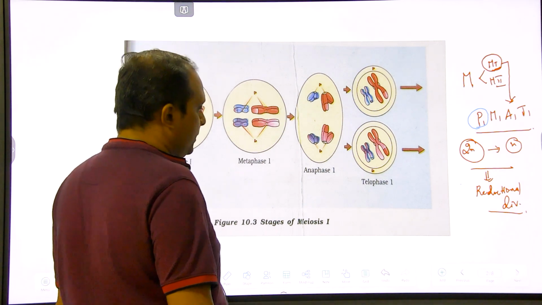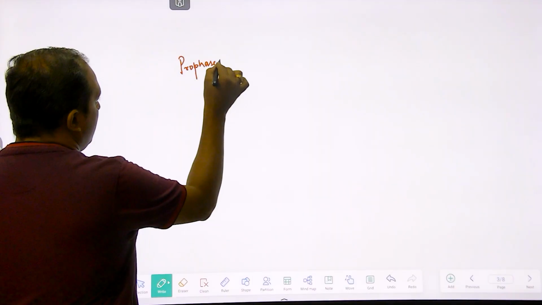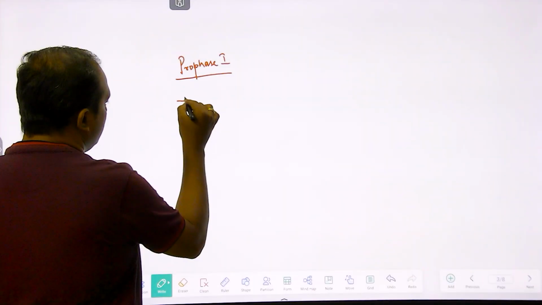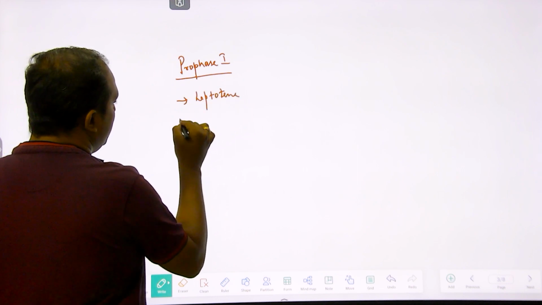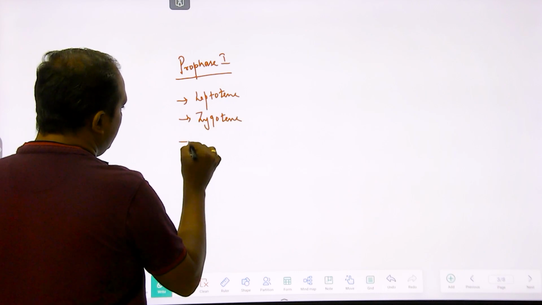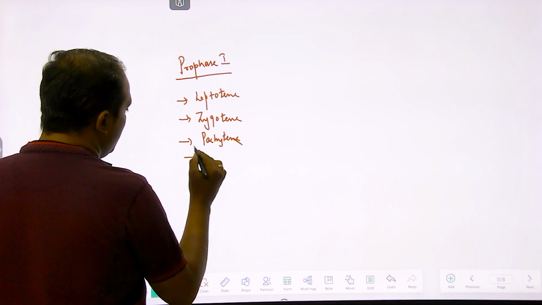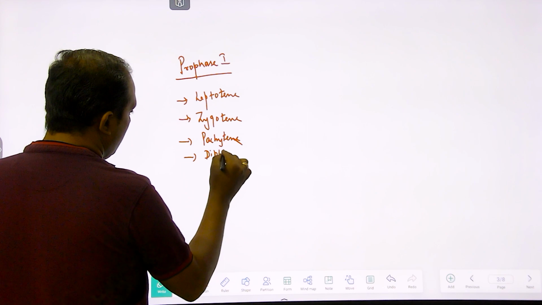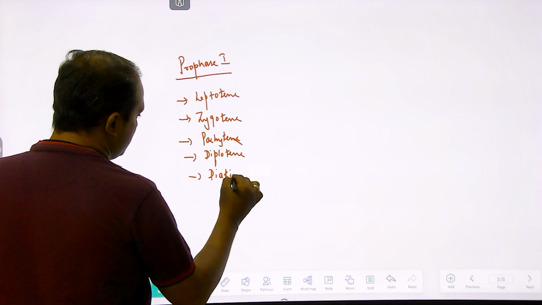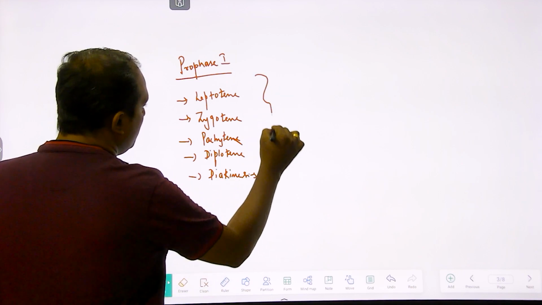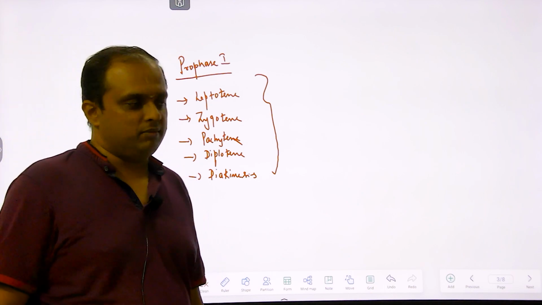This prophase 1 is going to have further subphases: the leptotene phase, zygotene phase, pachytene phase, diplotene and diakinesis. So these are all the subphases under prophase 1, right?